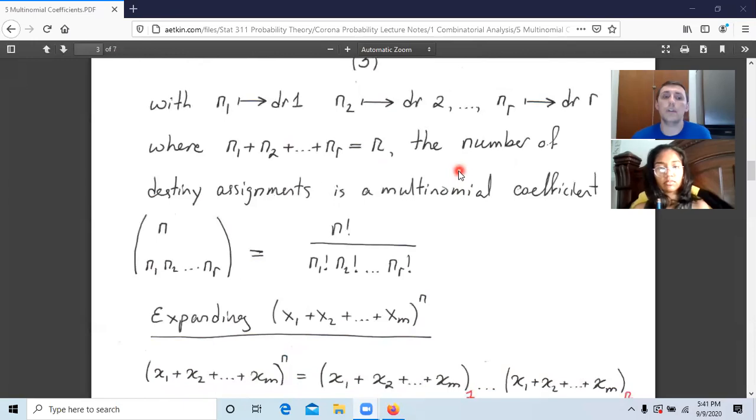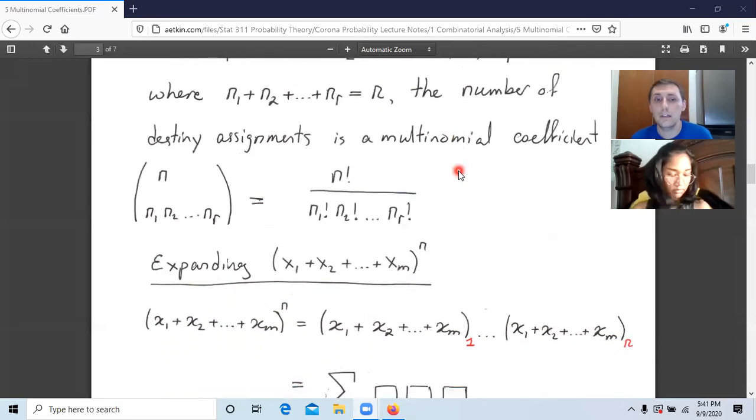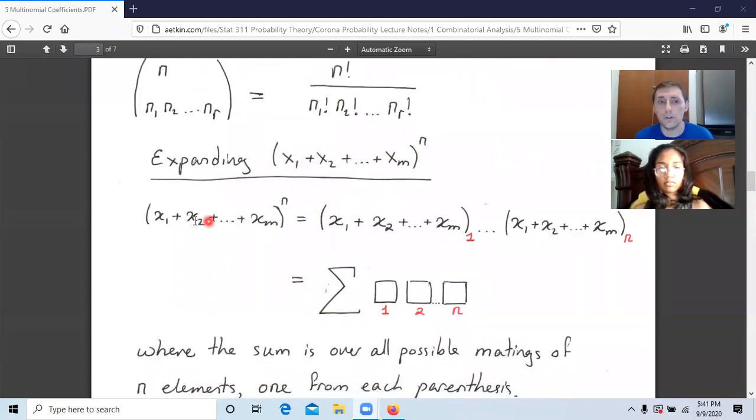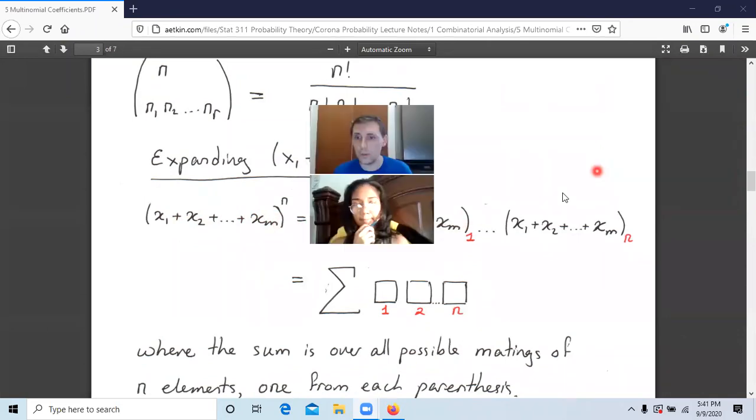So now we see how that helps us expand the expression x1 plus x2 plus all the way to xm, to the power of n. In the last class we covered binomial coefficients. So now we cover multinomial coefficients. Why is that the situation? If I multiply this sum n times by itself, I have parentheses 1, parentheses 2, all the way to parentheses n.